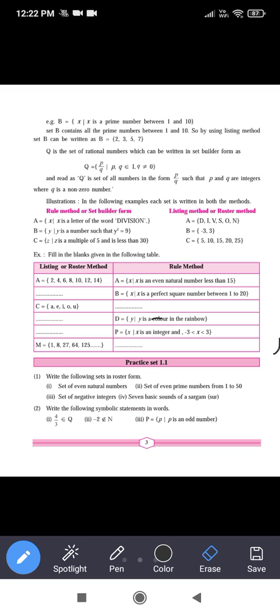Now how will you write the answers? First you have to write down the questions. Question 1 is set of even natural numbers.